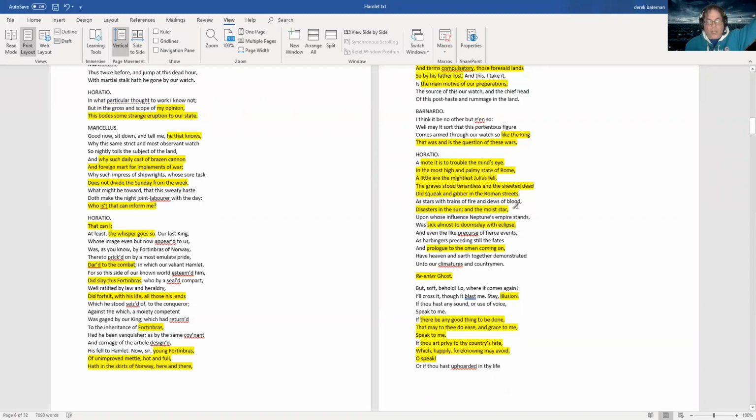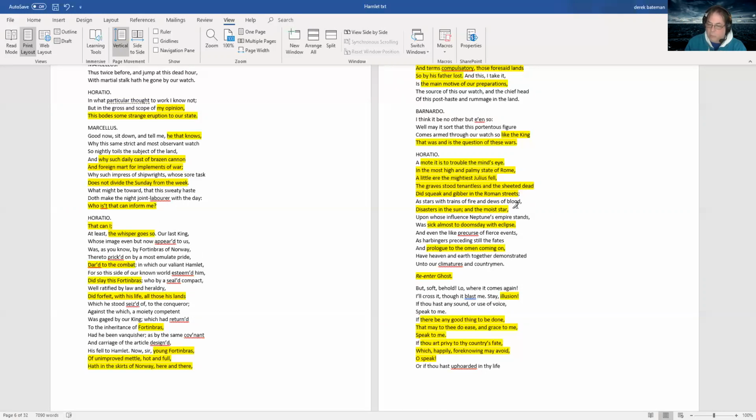Remember, we have the reference to astrology. There were signs in nature, nature expanding to the supernatural, with ghosts and the stars and eclipses of the sun that were foretelling this calamity that was going to befall Rome.